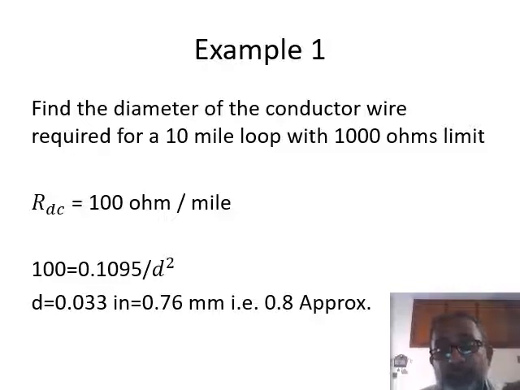RDC can be found by dividing the limit of resistance, which is 1000, by the length that has to be covered, which is 10 miles. So 1000 divided by 10 would give us 100 ohms per mile. This is RDC. Now, as you know from the equation that we learned in the previous slide, RDC is equal to 0.1095 divided by d square.